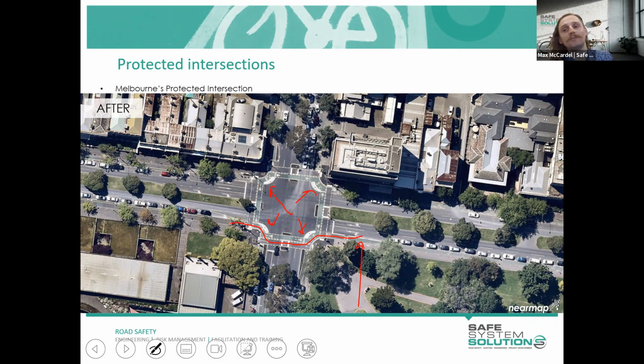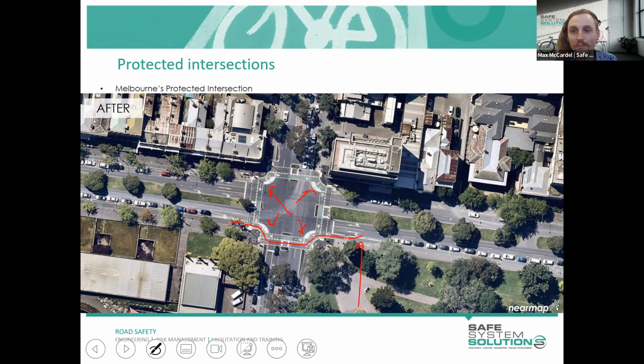The Cyclops was a bit more sweeping, so a little more friendly for cyclist manoeuvres, and also had the benefit of that giant bike box. So if you wanted to head straight through, you could use that.